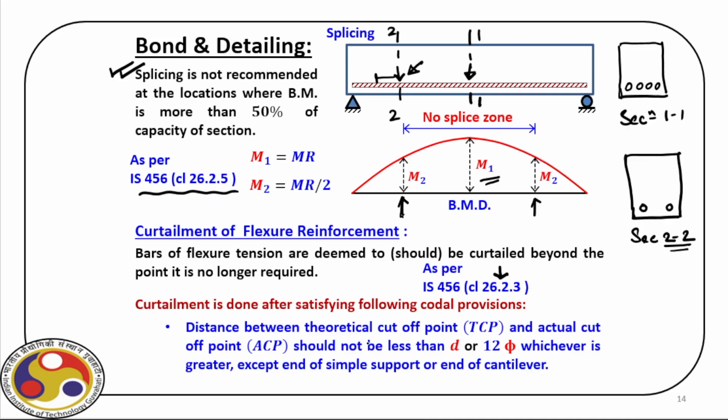Now, the distance between these two should not be less than d or 12 phi, whichever is greater. So we have to see the effective depth of the beam and 12 times the diameter of the bar. These two values must be checked, and the greater value is what is provided here. So this is the theoretical cutoff point and this is the actual.